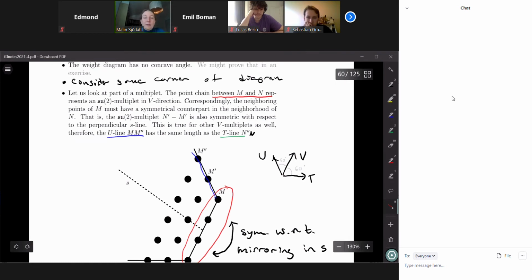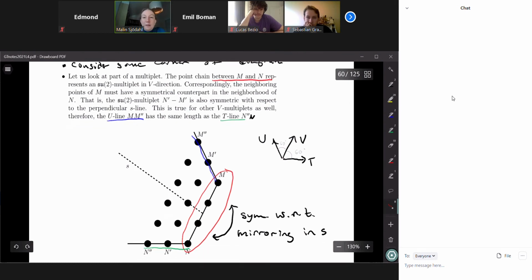So now if we take a look at the states here between what's called M and N in this diagram, we are walking along the V axis here. We see that this V represents an SU2 space. So these states here are also in some SU2 representation, so they must obey what we expect from that.